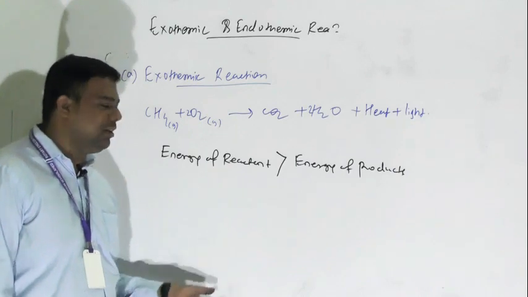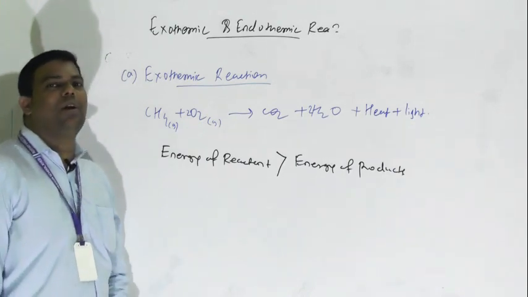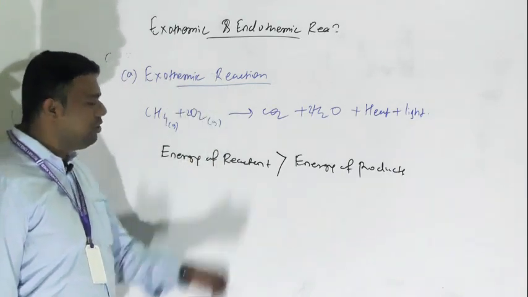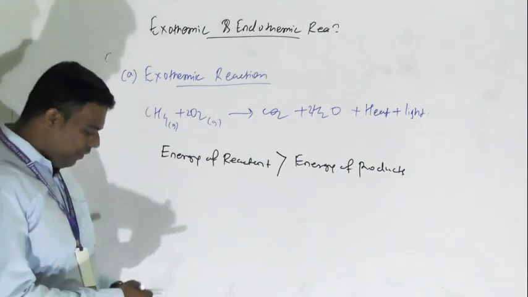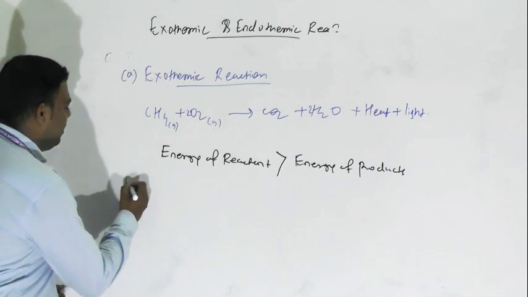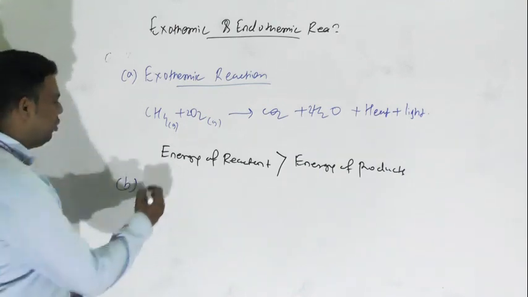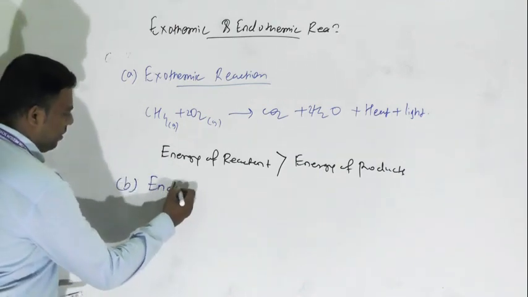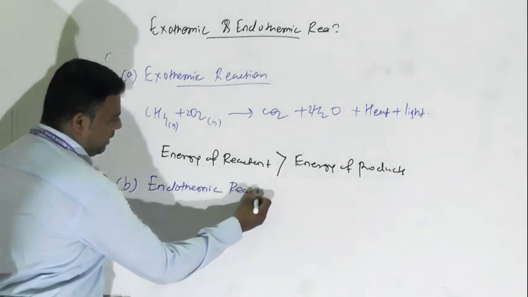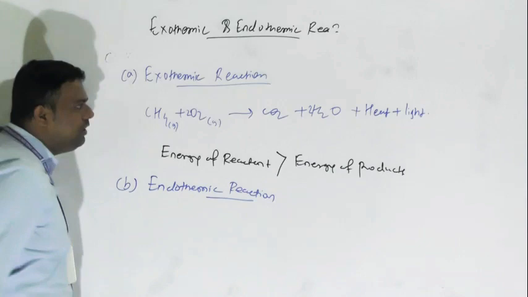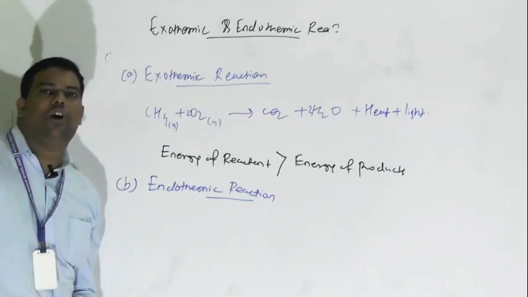One more example that we saw regularly in classes 8, 9, 10 is the burning of magnesium ribbon. It also belongs to the exothermic reactions. Small b is the endothermic reaction. In an endothermic reaction, heat is absorbed.